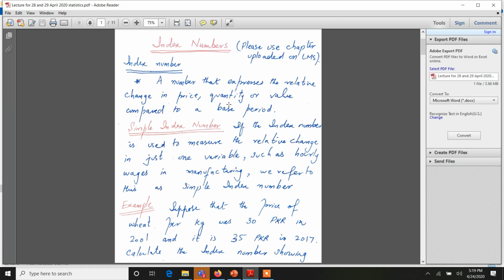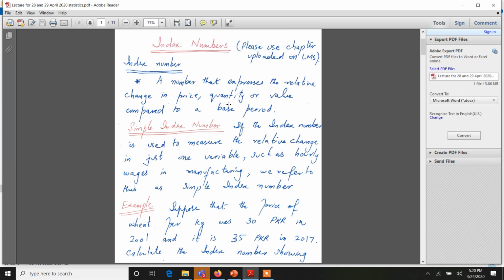So what is the difference between an ordinary number and an index number? An ordinary number, for example, the number of pages in a book, is simply representing a quantity. An index number is a number that is constructed by using different pieces of information or different variables.